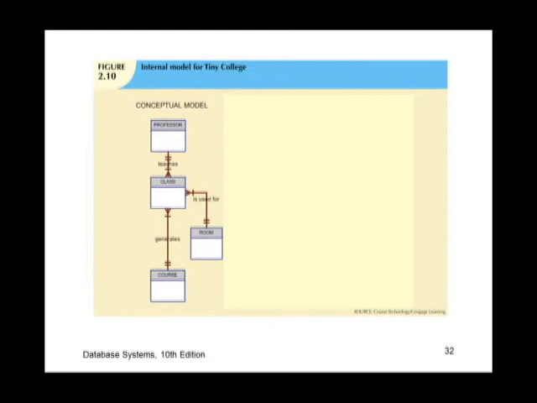If we look at this Crow's Foot representation, the way we would read it is one and only one professor teaches one-to-many classes. If we look at the classes, the one-to-many classes are represented for one and only one course, or generate one and only one course.